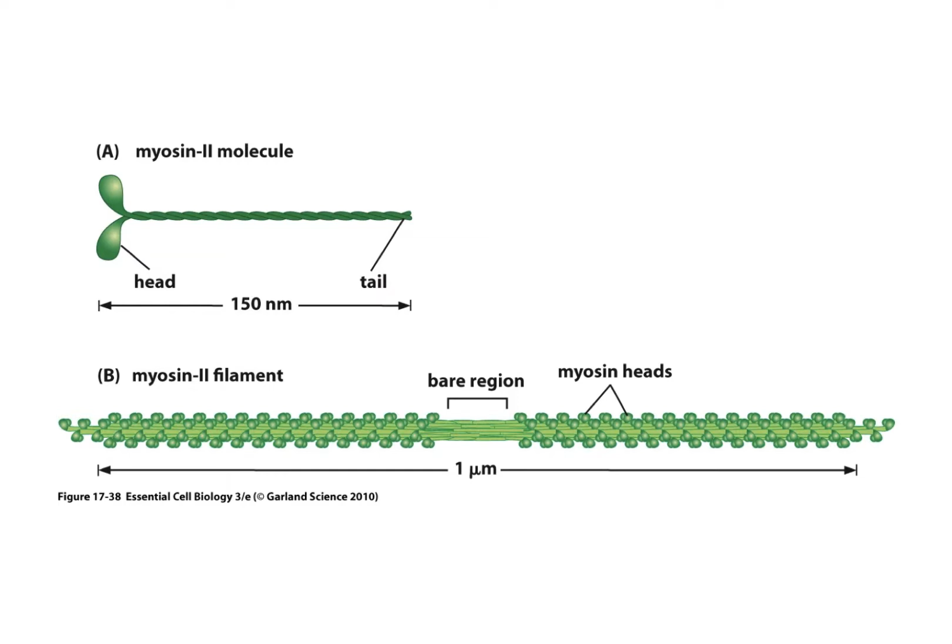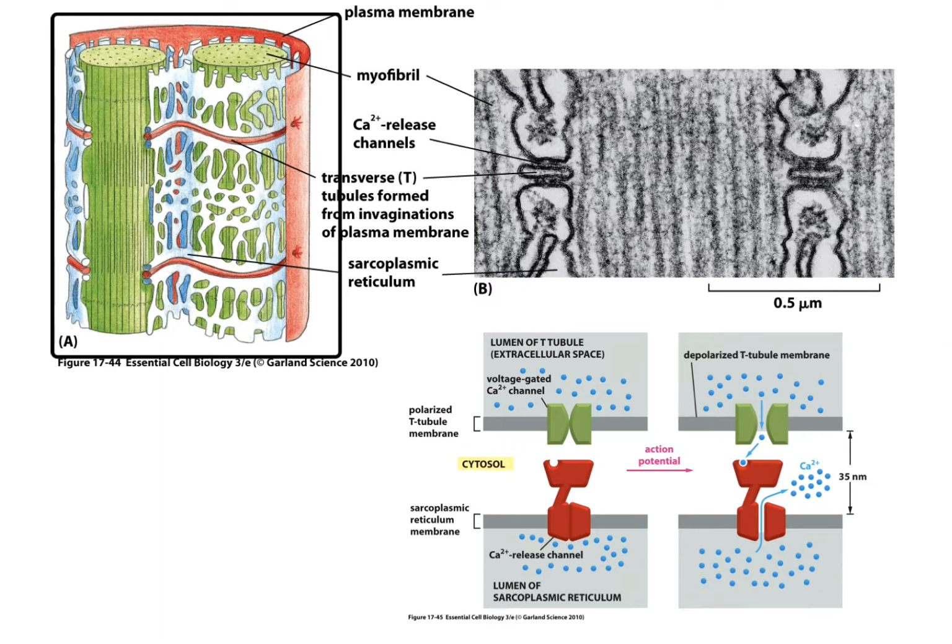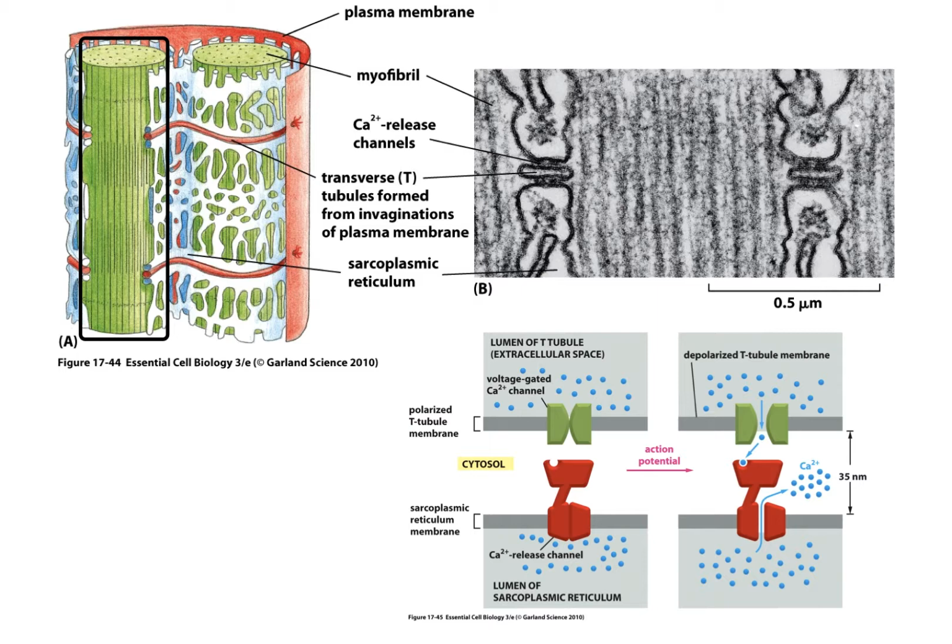And to start off this activity, at least in the muscle, so the muscle is specialized tissue, so we're talking about a cell that has a lot of actin and myosin in it, as well as the sarcoplasmic reticulum, and then the tubule, the lumen of a tubule, which attaches to that.